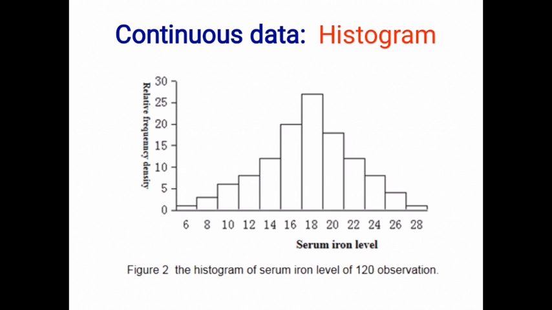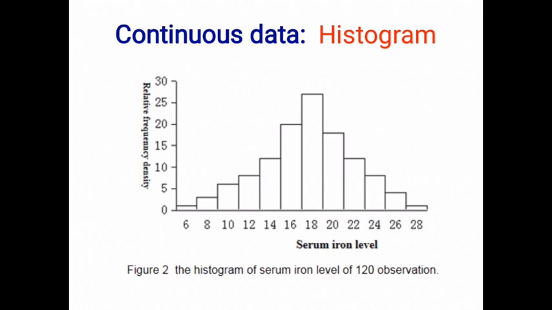But for the histogram, the height of each rectangle represents the relative frequency density of each interval. There is no break between intervals, so there are no spaces between the rectangles. Those are the differences between the histogram and the bar chart. One is for numerical discrete data, and the histogram is for numerical continuous data.